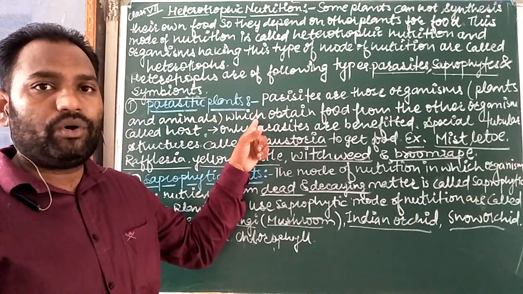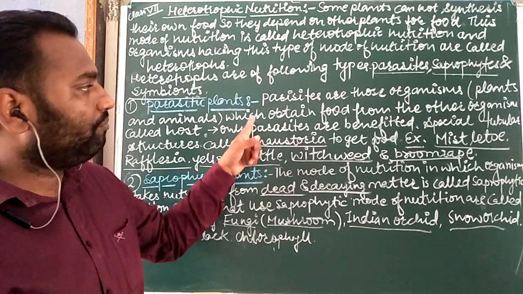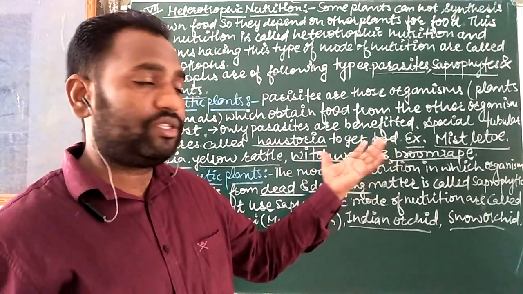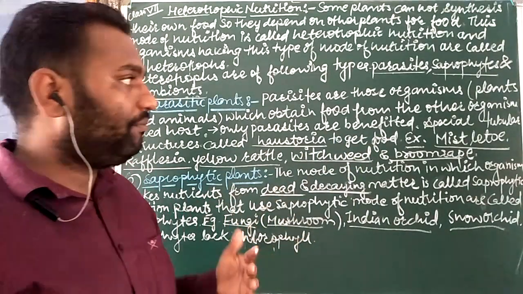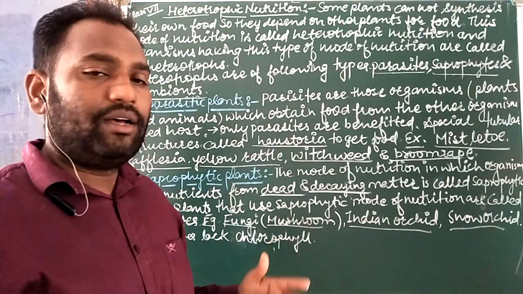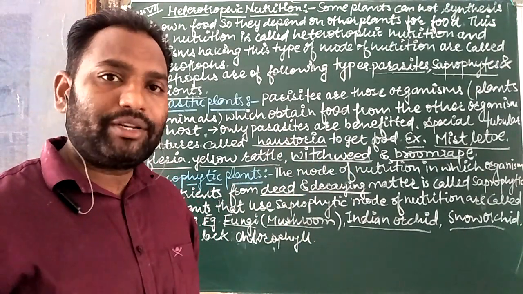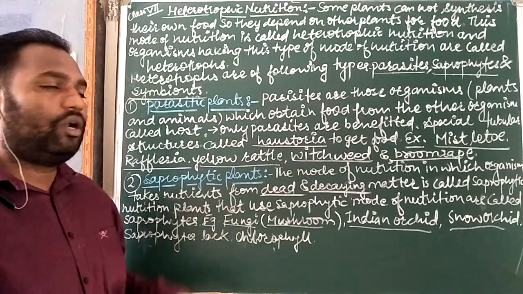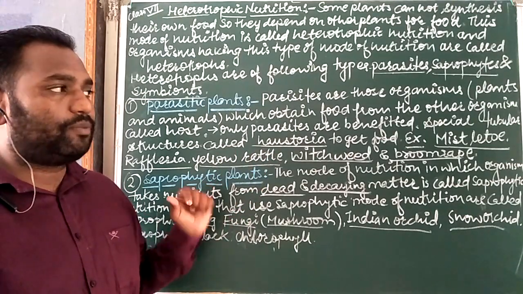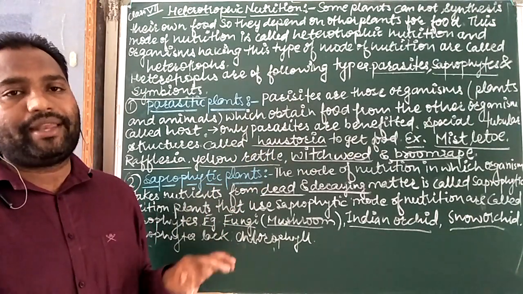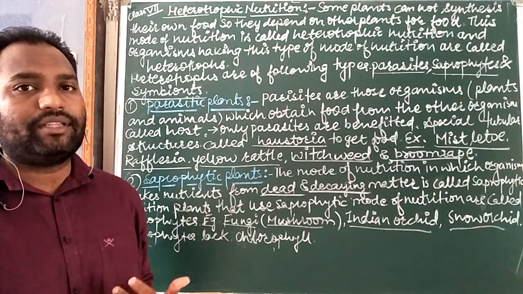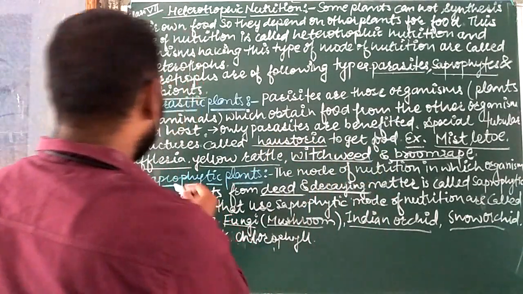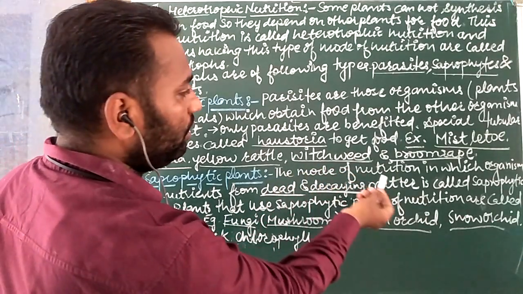They cannot prepare their food by their own synthesis, and only the parasite is benefited. It is harmful for the host because the host gives its nutritive material to the parasite. Haustoria are special tubular structures that penetrate the host and get the food. Examples are mistletoe, Rafflesia, yellow rattle, witchweed, and broomrape.